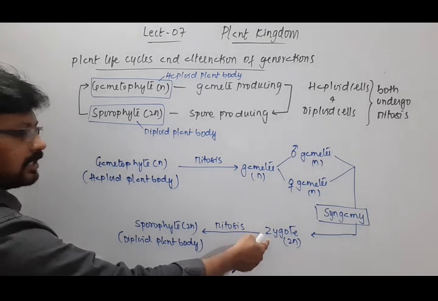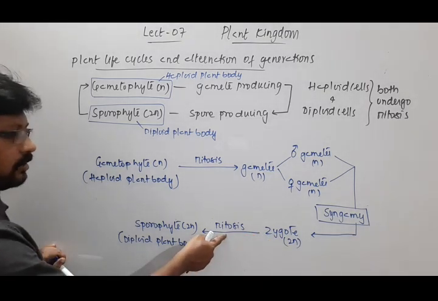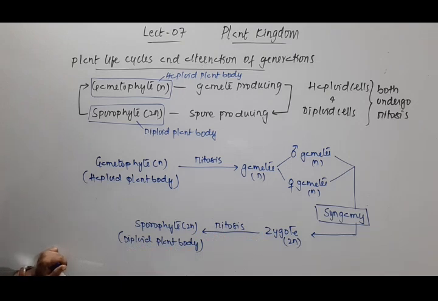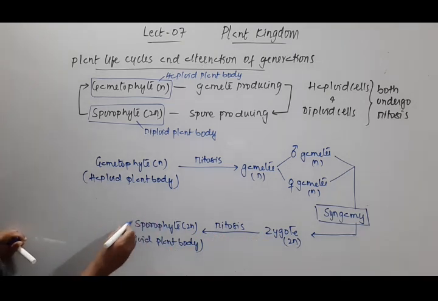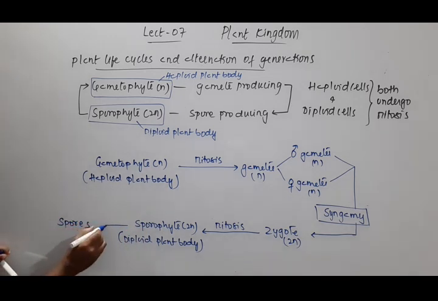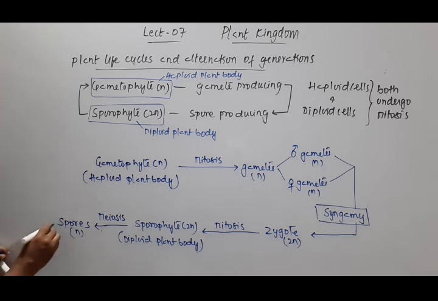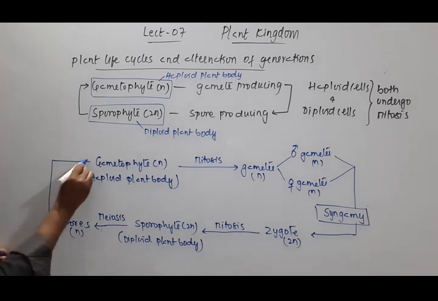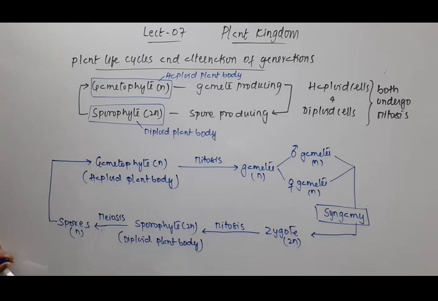And here the diploid cell, that is zygote, undergoes mitosis and produces the sporophyte. Okay, and the sporophyte is going to produce spores by means of meiosis. So it will be by meiosis. As a result, the spores will be haploid, and these spores which are haploid on germination will give rise to gametophyte.